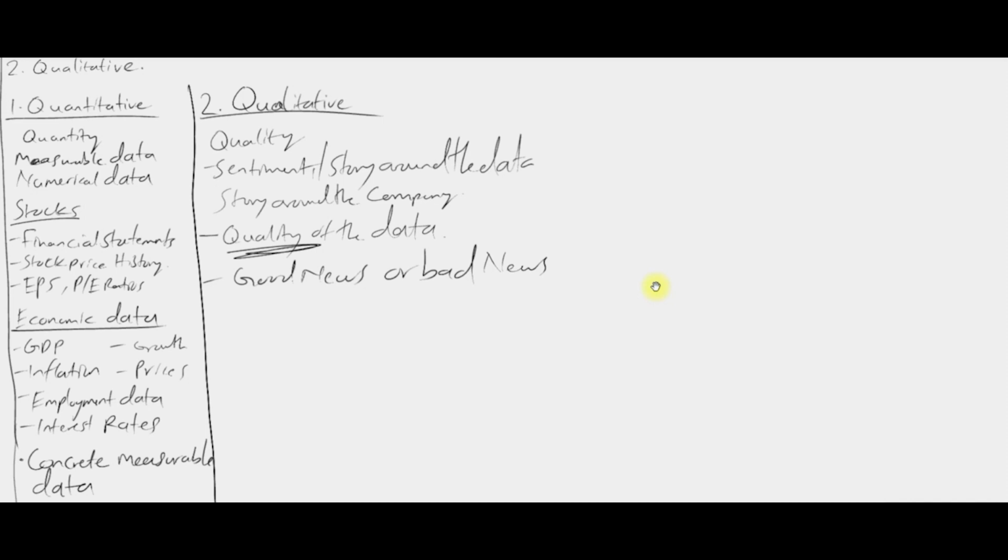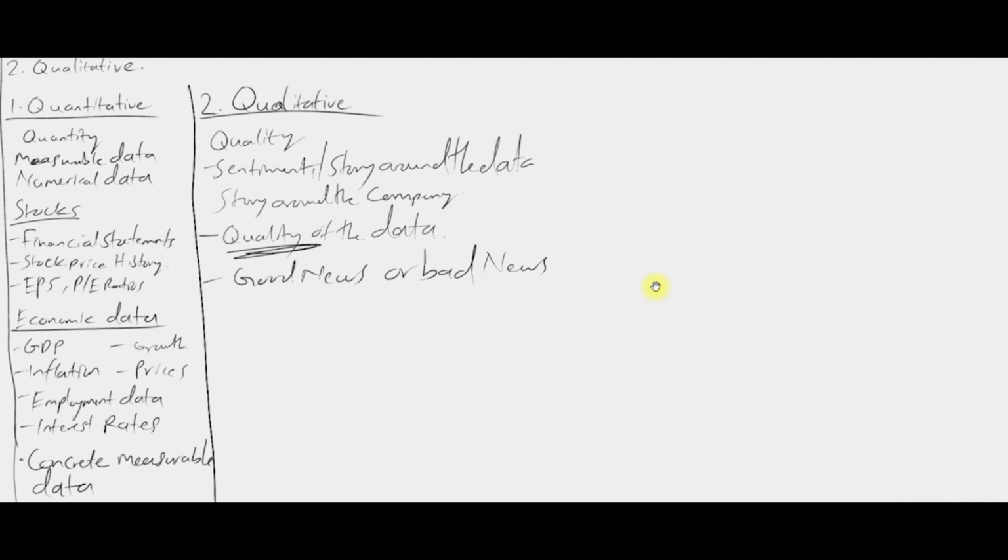Is this a bad time to be performing? Is your performance above average or below average of what your usual output is? So this qualitative analysis is looking at the quality of the data, and this is where we analyze whether the data is good news or bad news.